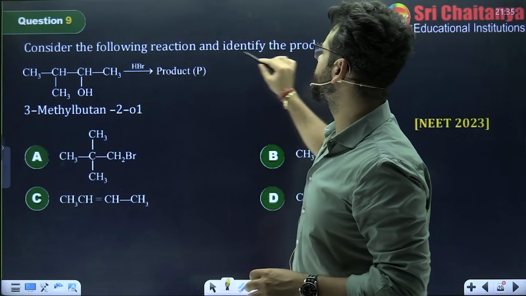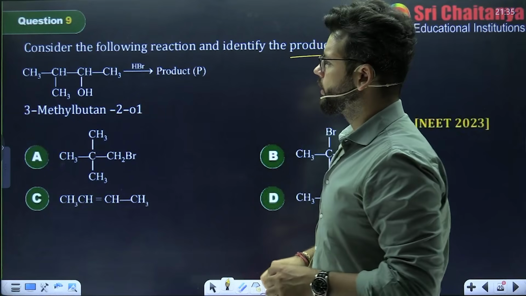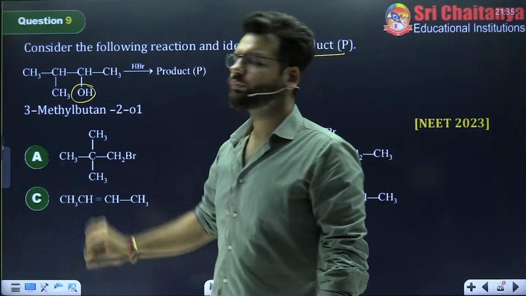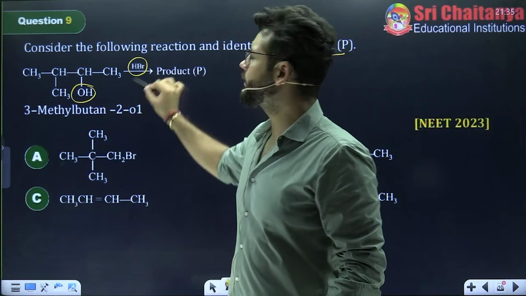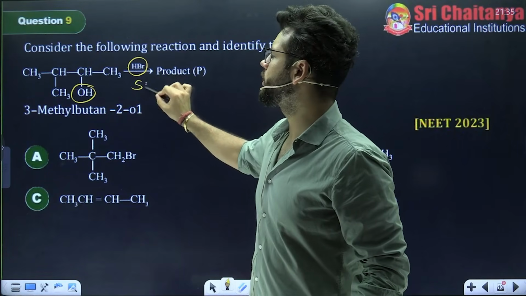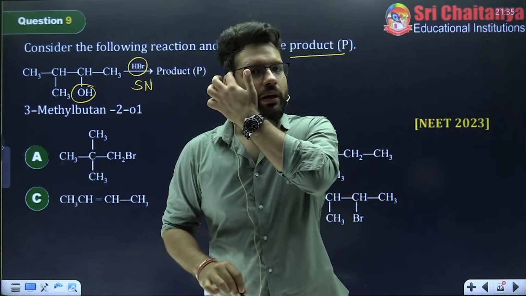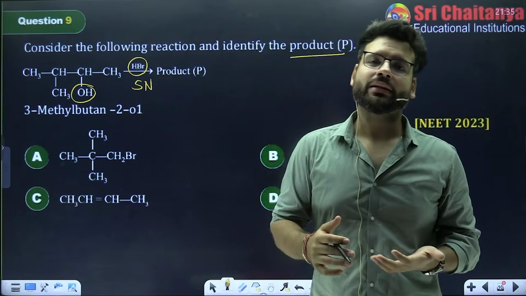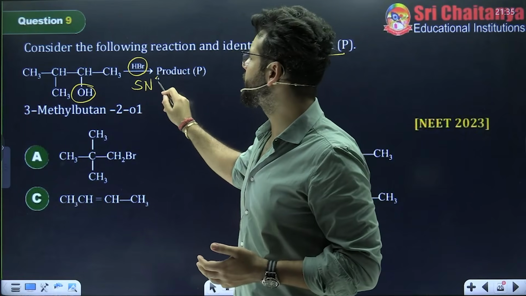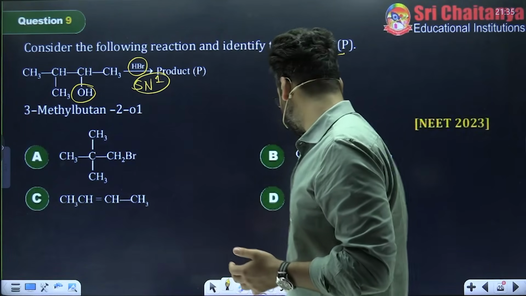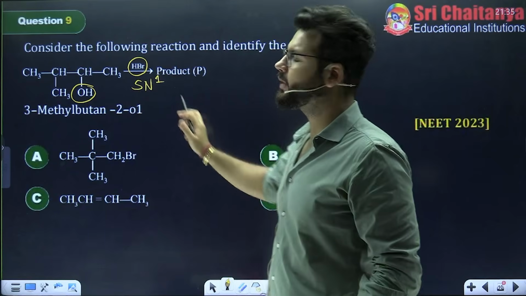Consider the following reaction and identify the product P. Chapter is alcohol. The reaction is with HBr, which is a nucleophilic substitution reaction. This reaction and the Lucas test are the same ones. They undergo by SN1 mechanism. Why SN1 mechanism? Because we have provided an acidic medium.